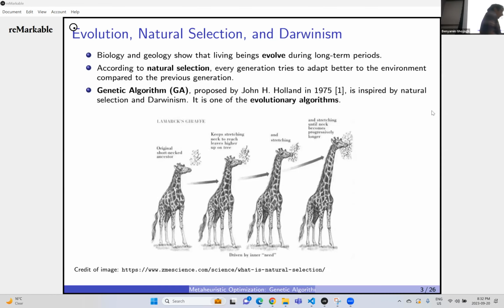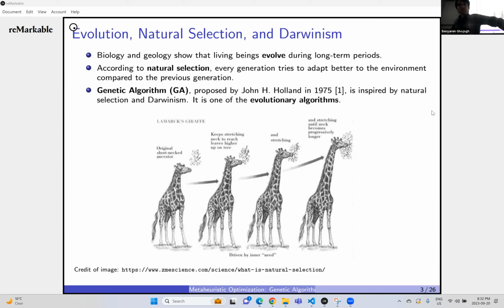Because nature selects the living beings which adapt better to that environment, right? And therefore, the other living beings will die, and they will not be repeated in the next generation because they don't even have a chance to mate and have offspring.